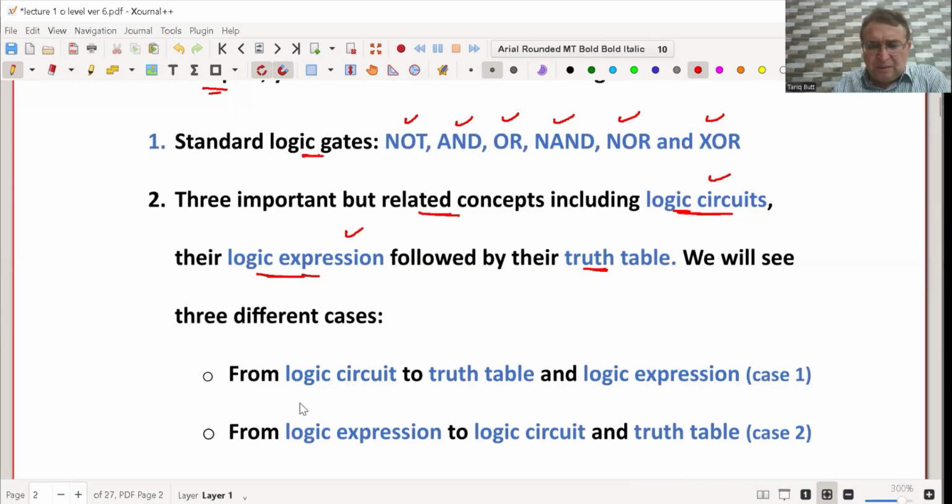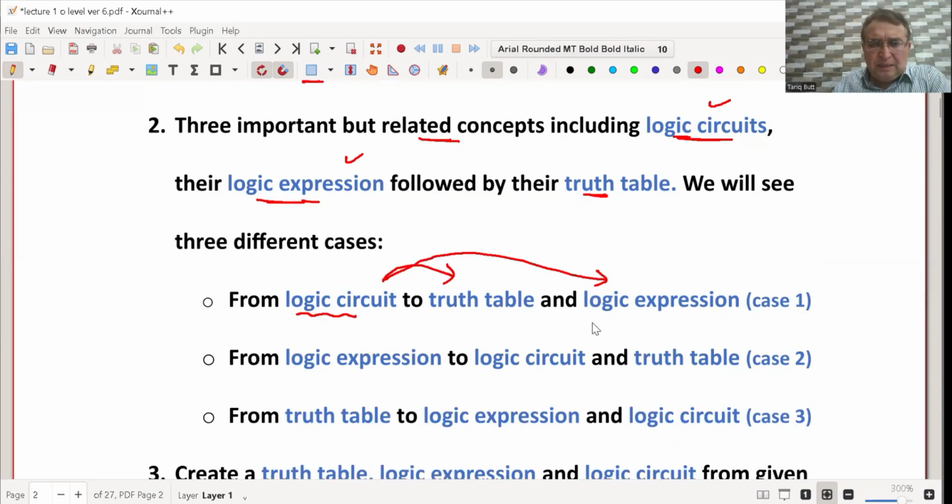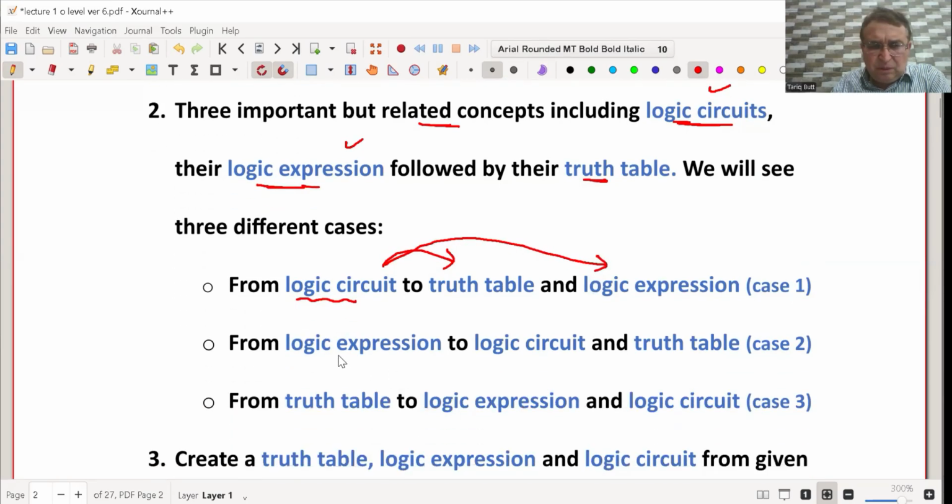For instance, sometimes you may be given some logic circuit and you're asked to draw a truth table from that logic circuit or find out its logic expression. Similarly, some other time you may be given a logic expression and you are supposed to find out its logic circuit or truth table.